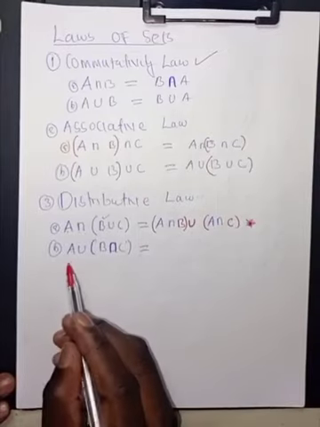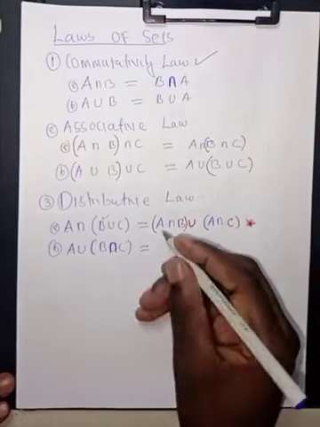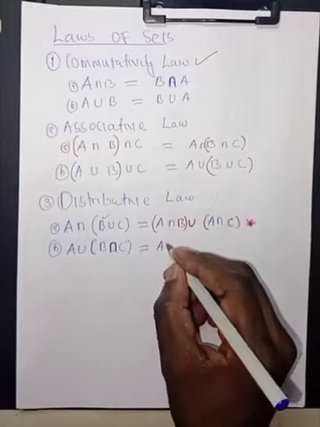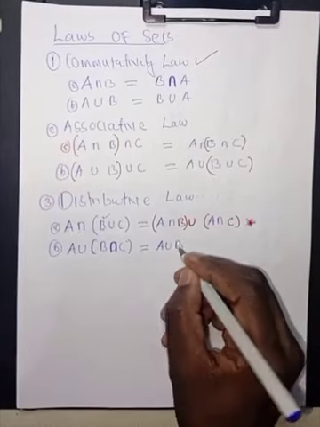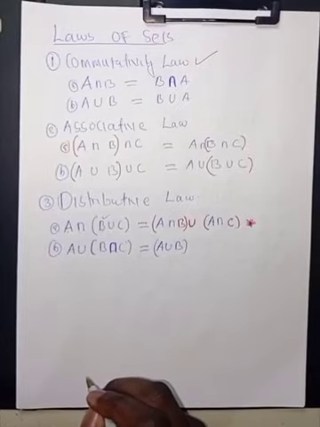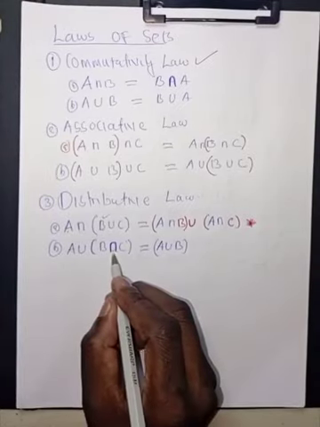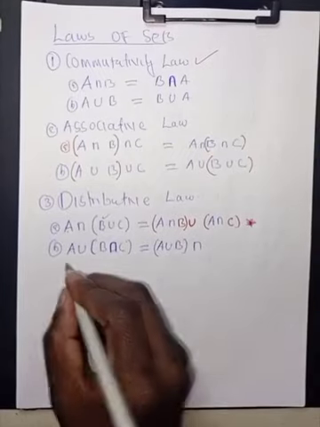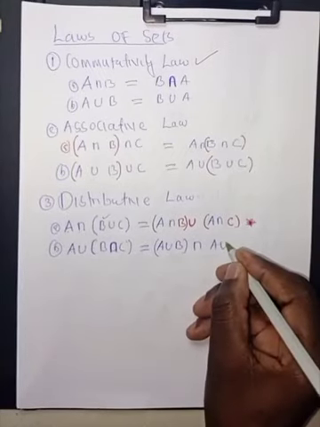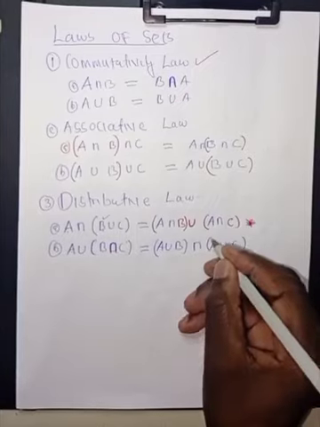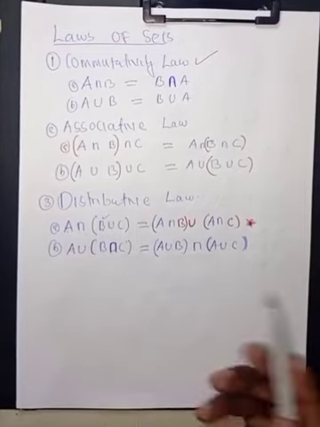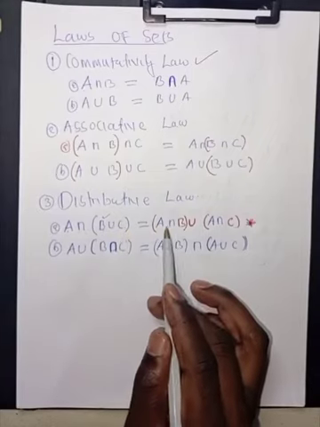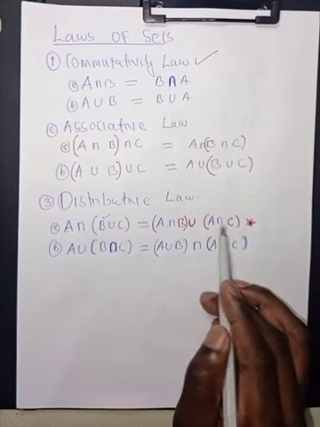So it is A union, which is outside here, then we get B. Now we follow the separating sign between B and C, which is intersection. Then we come back to A union from outside, intersection C. So meaning we have the first one, A intersection B union C, and it will be equal to A intersection B union A intersection C.